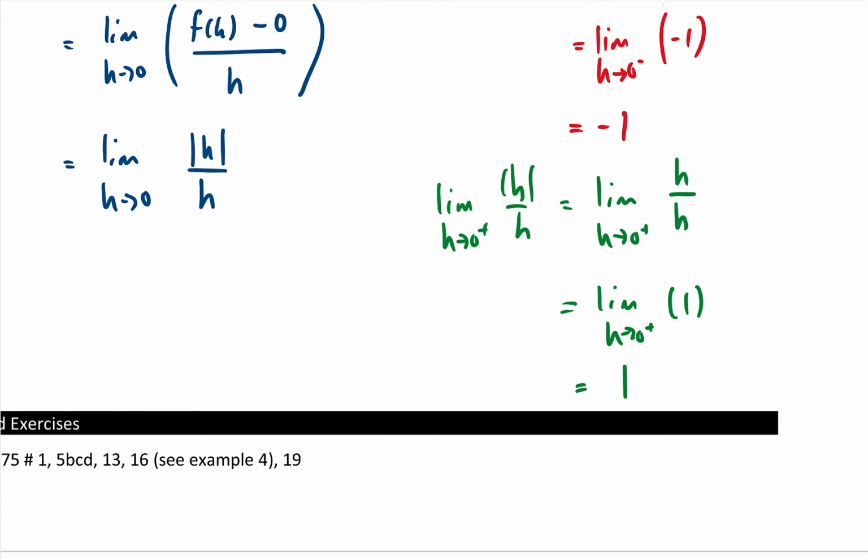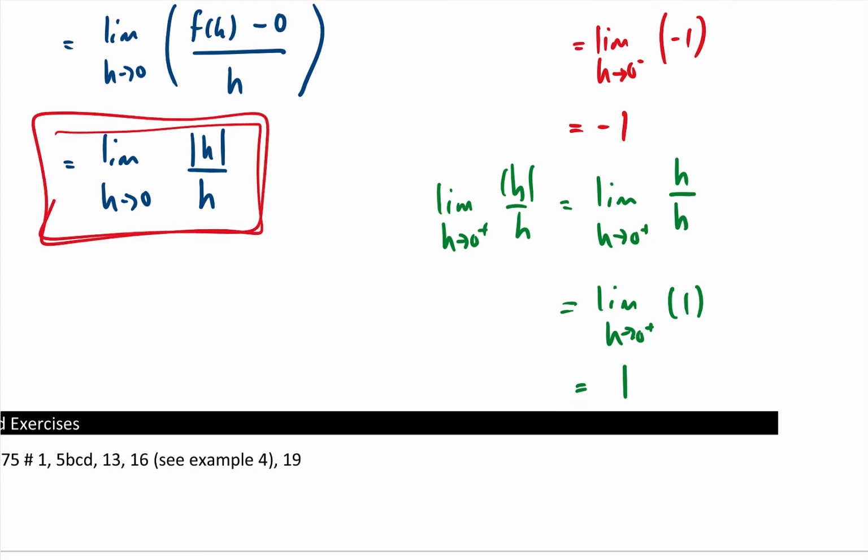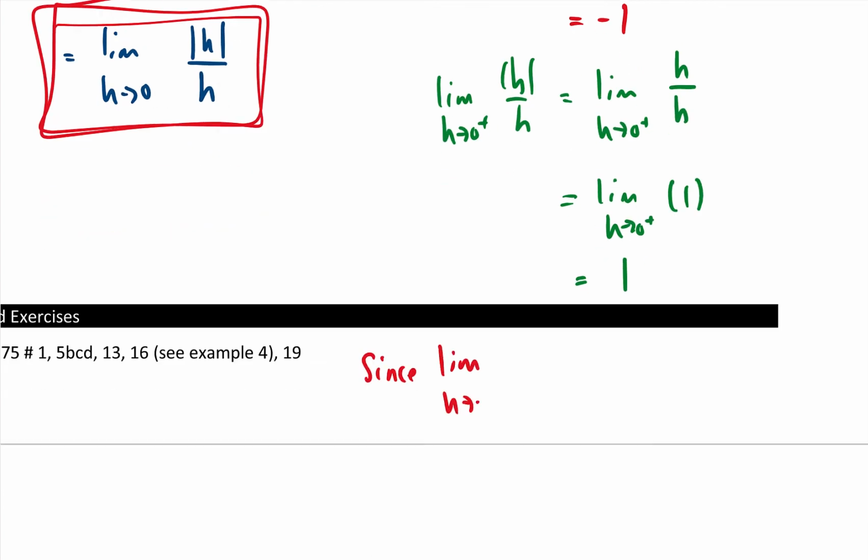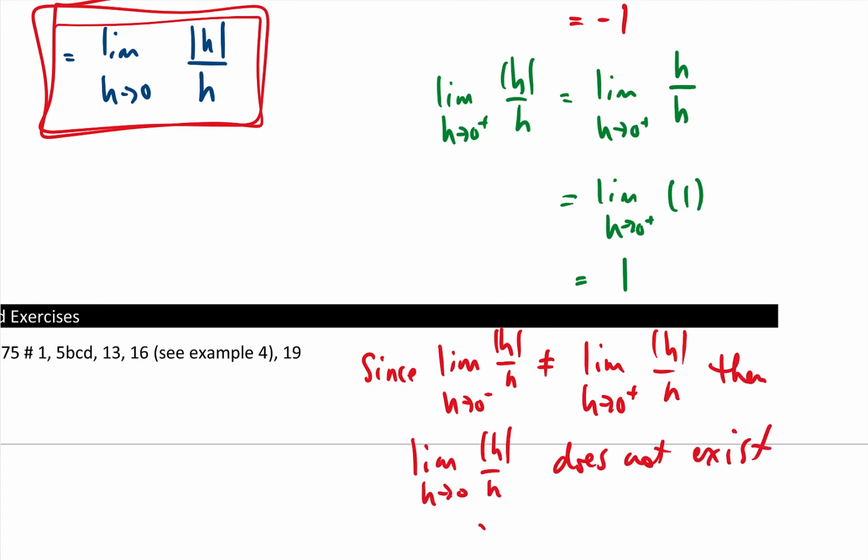Well, what do you notice about the left and right hand limits? They're not the same. And since they're not the same, that means that this limit here does not exist. And remember, this thing here is equal to our derivative, f prime of x, or in this case, f prime at 0. And it does not exist at x equals 0.